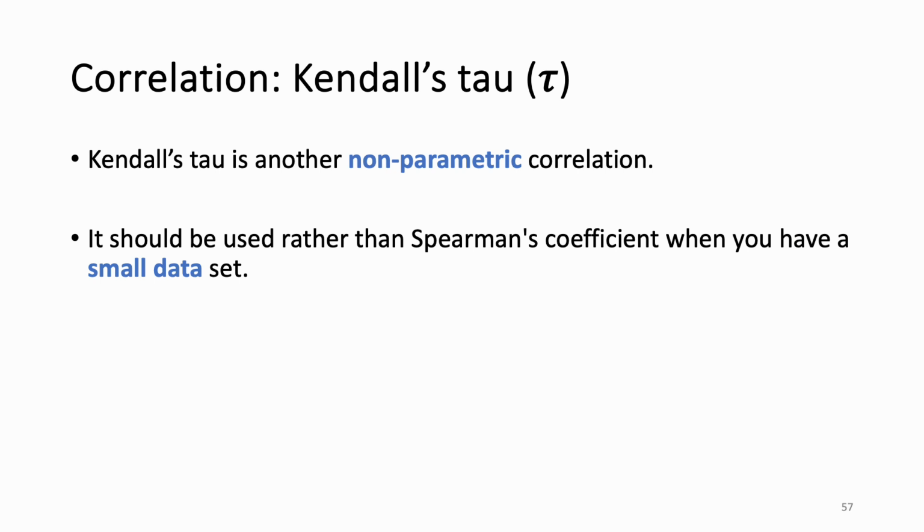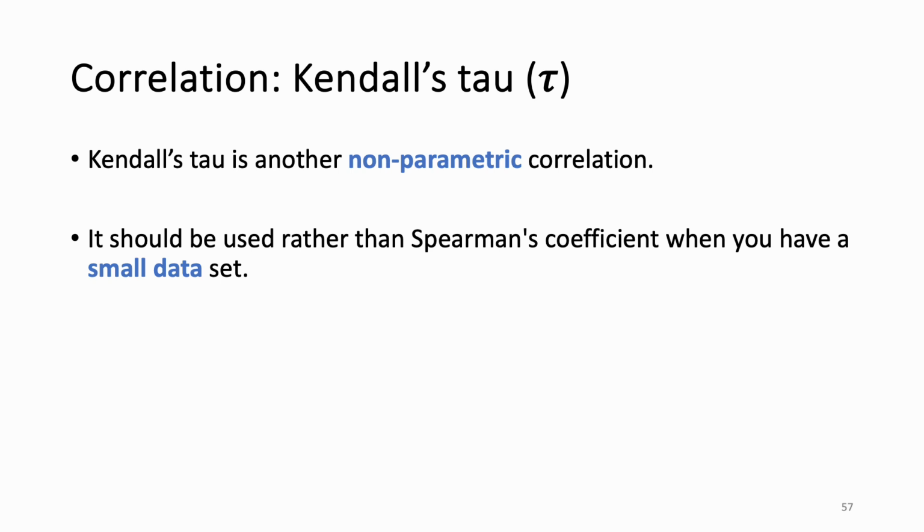The third option that we can conduct is the Kendall's correlation. And the correlation coefficient of the Kendall correlation test is called tau. So when we talk about Kendall's correlation, we talk about Kendall's tau, basically. And this test is actually a non-parametric correlation, so it does not require the normal distribution assumption.